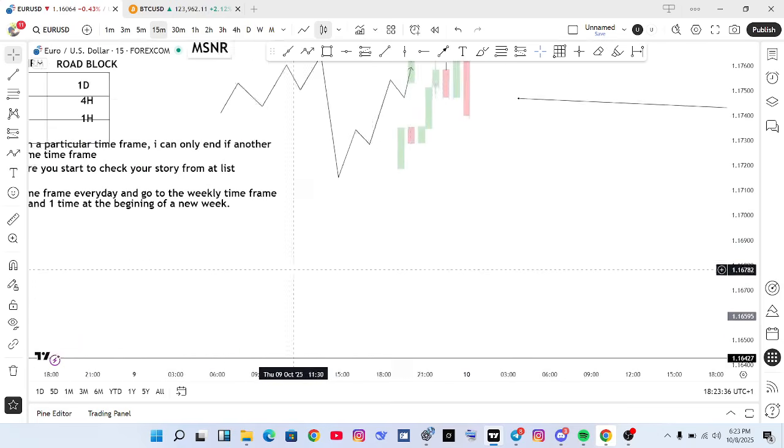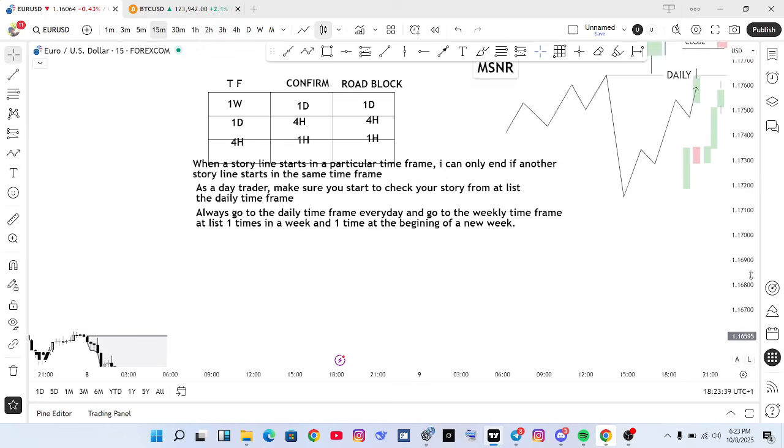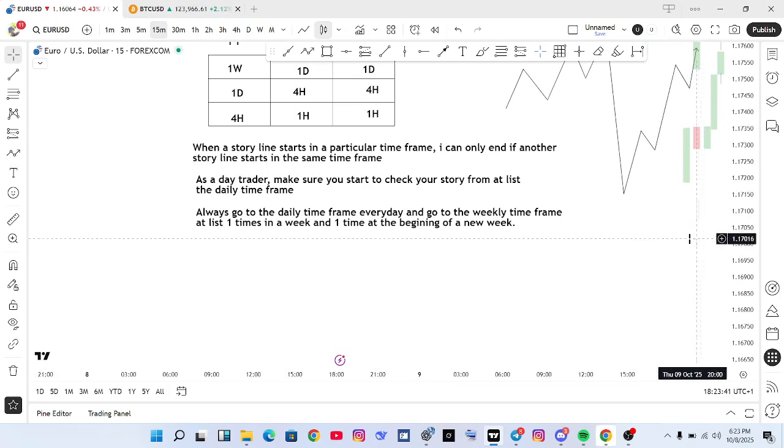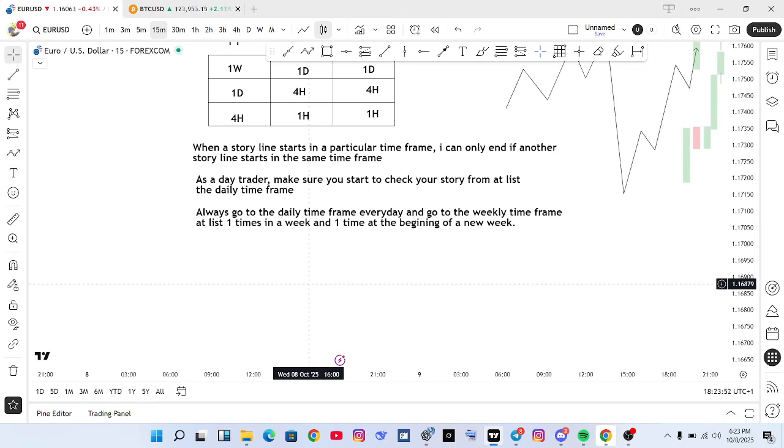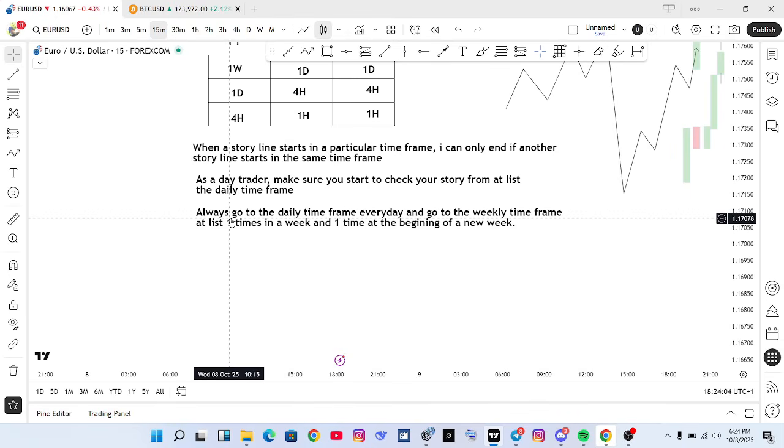So now, as a day trader, make sure you start your day by your storyline from at least a daily time frame. So in starting your storyline, you should start from at least a daily time frame. And the next thing is, every single day you should make sure that you go to the daily time frame to look at what the daily time frame is saying.